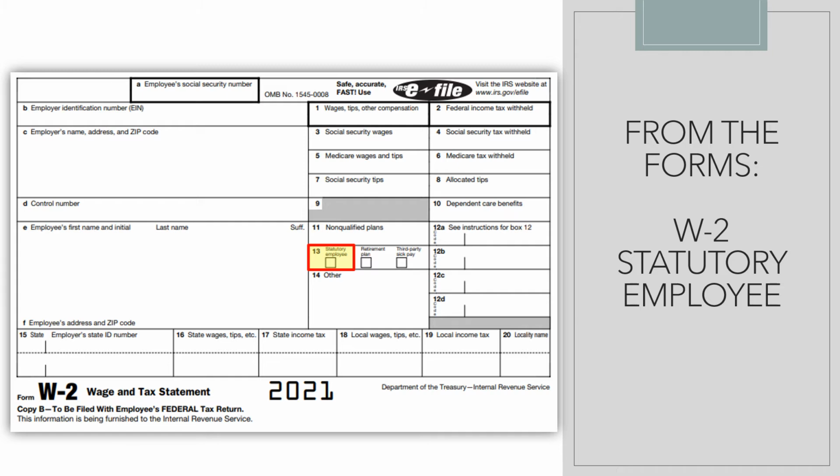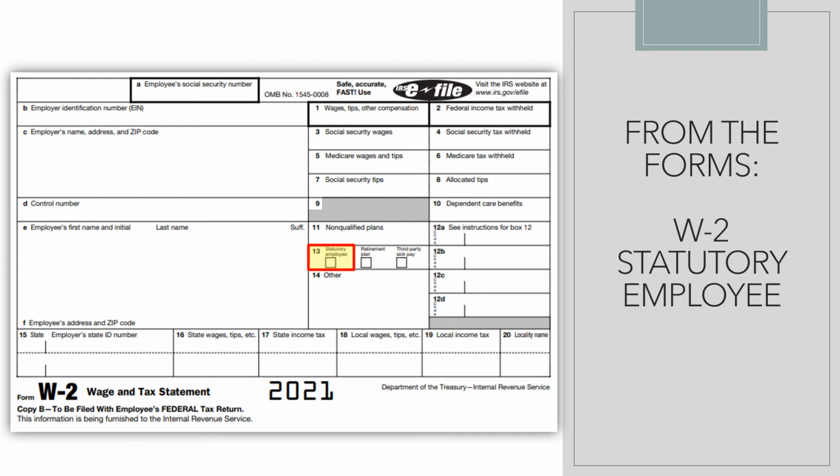Another form that we could see from our clients is actually a Form W-2, but in box 13, they would have checked that they were a statutory employee. A statutory employee is an independent contractor who is considered an employee for tax withholding purposes. So the employer or the company that they're providing services to is going to withhold Social Security and Medicare tax for this individual.